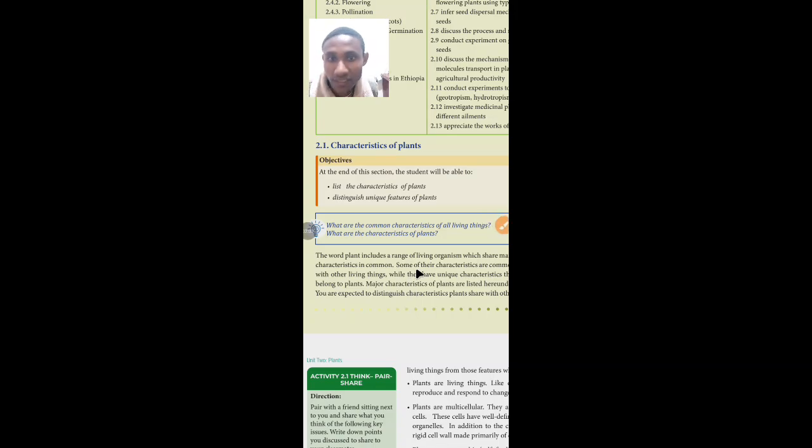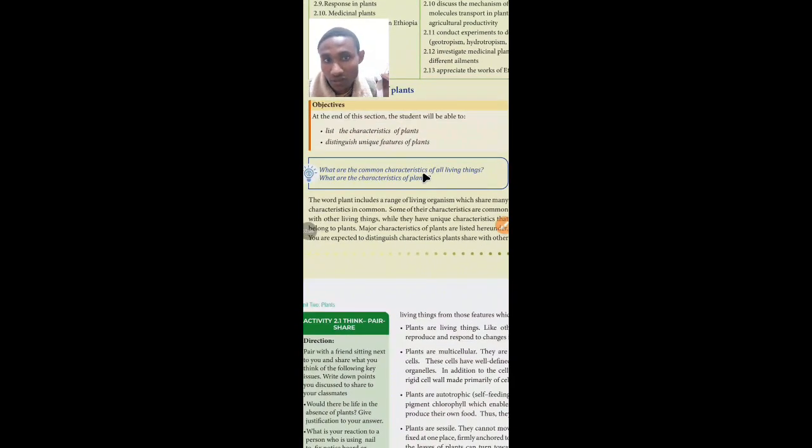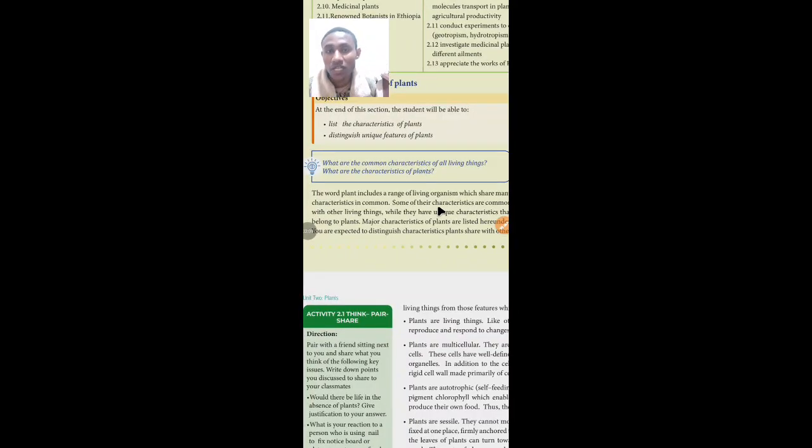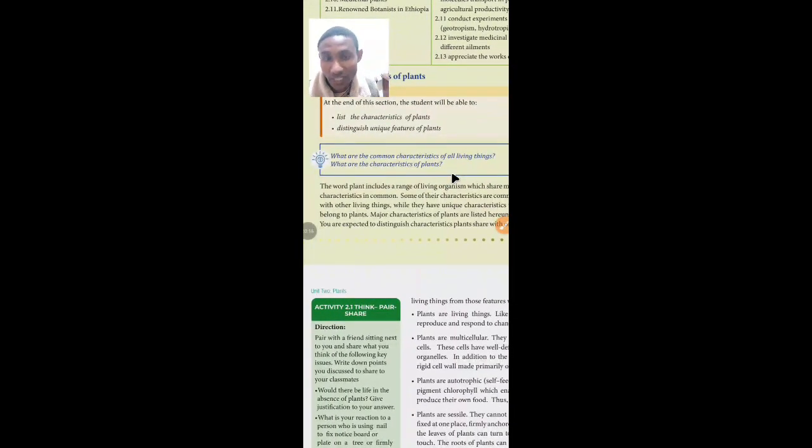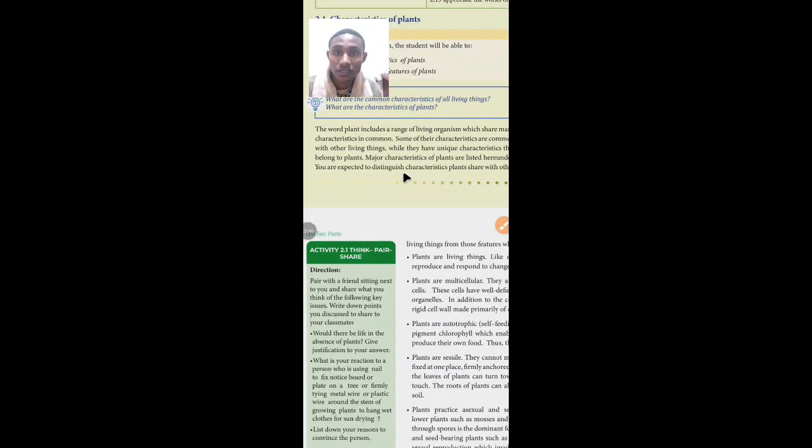First, the word plant includes a range of different organisms which share many characteristics in common, and some of their characteristics are common with other living things, because plants are one of the living organisms, and they exhibit the characteristics of living things. So plants have different major characteristics, and also there are characteristics that distinguish them from other living organisms.